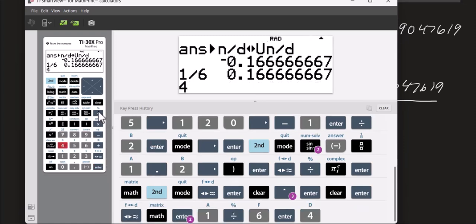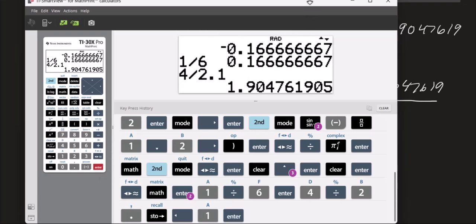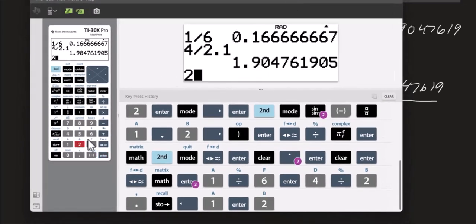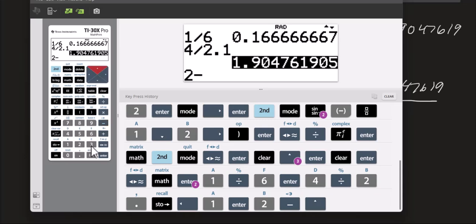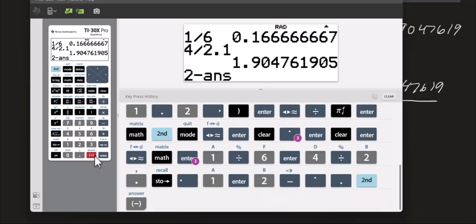What I do is 4 divided by 2.1, and then I need 2 minus that. On this calculator I can go up, highlight, and press enter, but on any TI calculator you can press second and the negative sign, which is answer, and it pulls up the answer from the last problem.